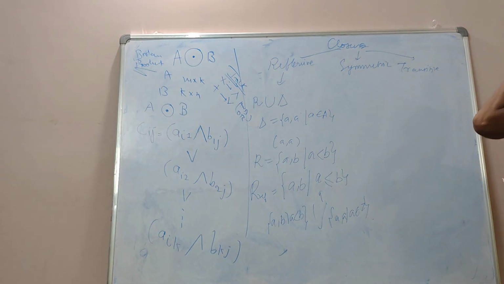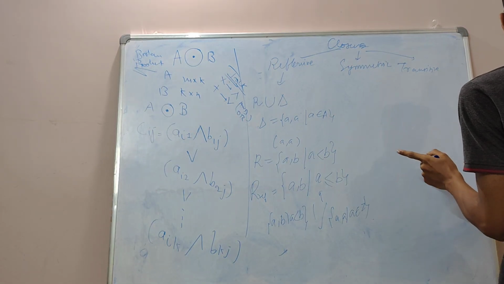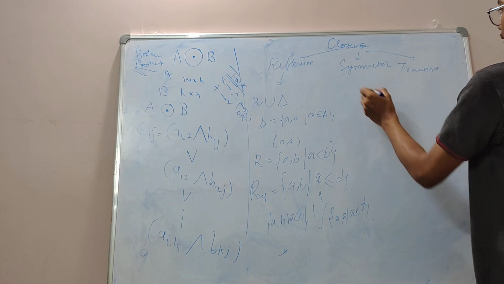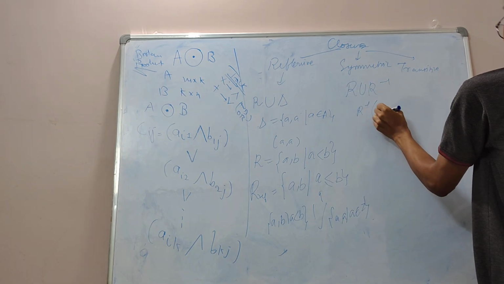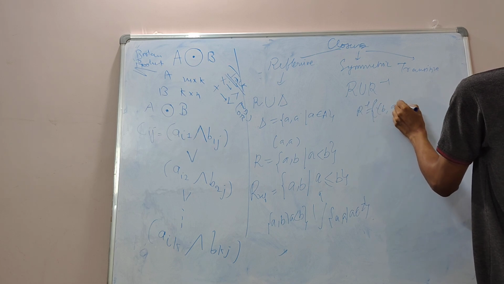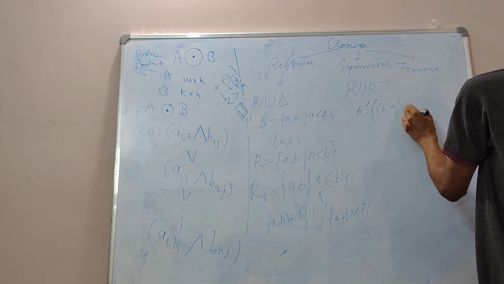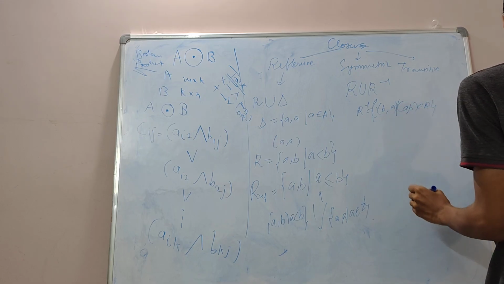Now symmetric is, if (a, b) is in R, then (b, a) must also be in R. So symmetric closure is basically R union R inverse, where R inverse is (b, a) such that (a, b) belongs to R. Right.